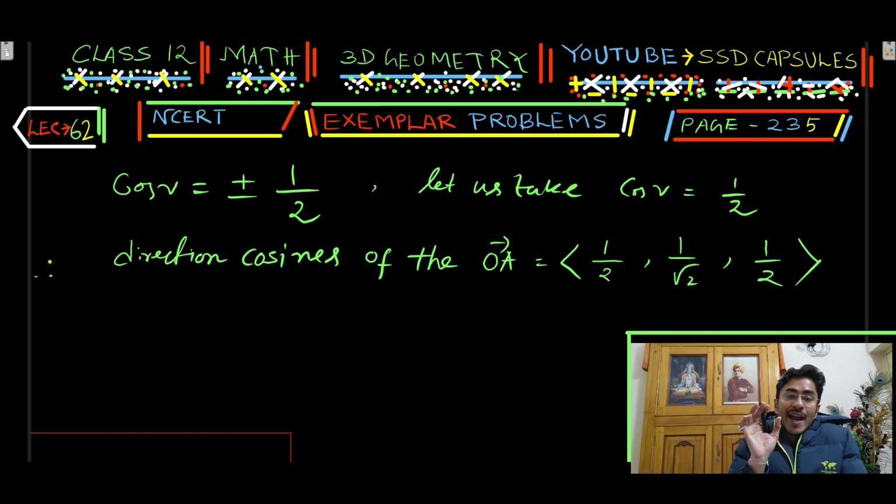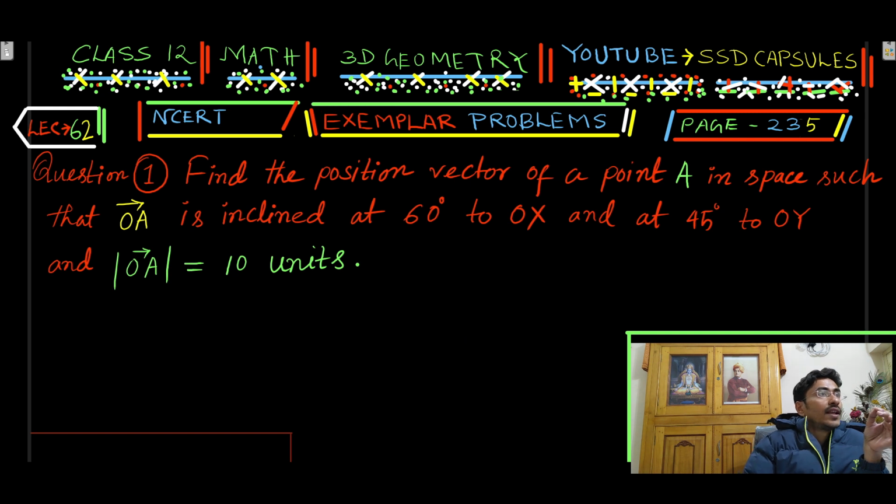Also we know that if l, m, n are direction cosines of a line in space, then lr, mr, nr are the direction ratios of that line, where r is the magnitude of that line. Here the magnitude of the vector is given as 10 units in the question. So here r equal to 10.